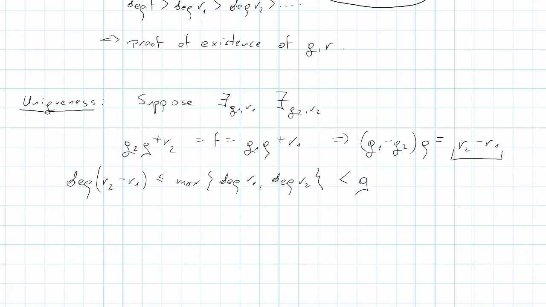On the other hand, the left hand side is divisible by g, so g must divide the right hand side, r2 minus r1. But the degree of r2 minus r1 is strictly less than that of g, and g divides this difference, so it is possible only in one case, when this difference is 0. So r2 minus r1 must be 0, so these two polynomials must be equal.